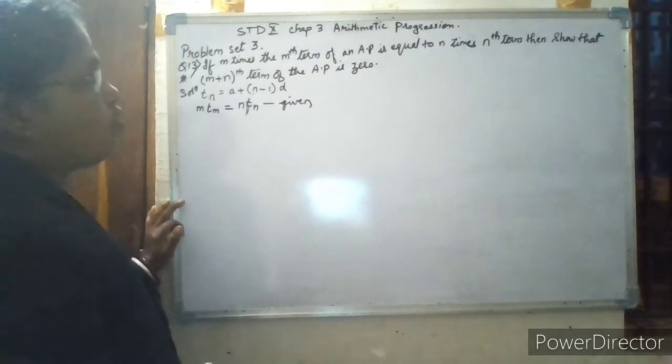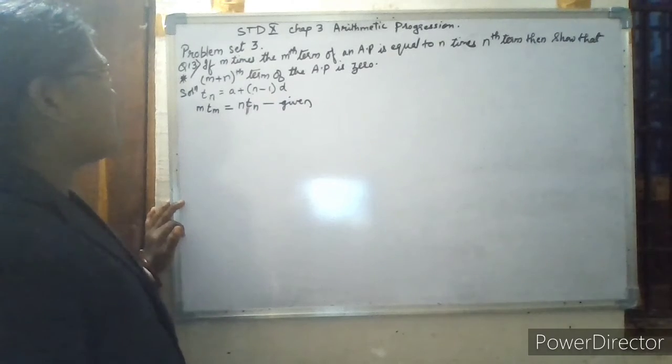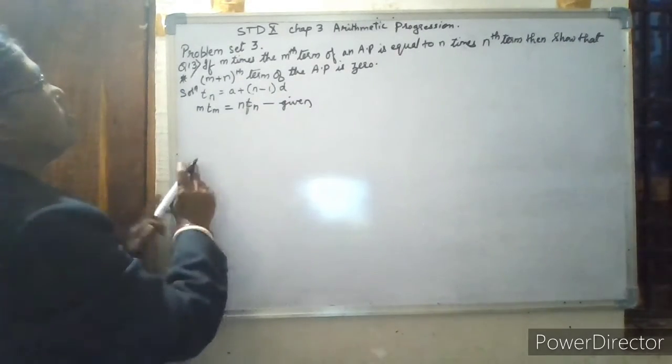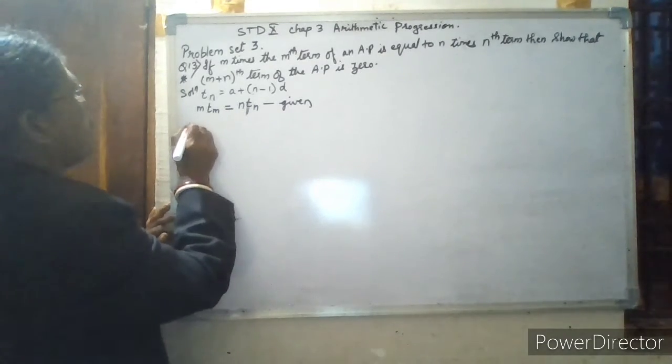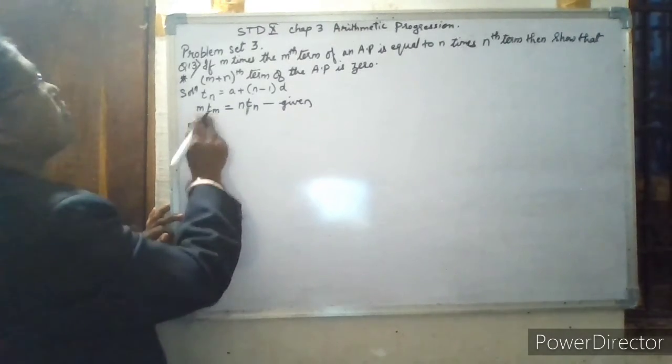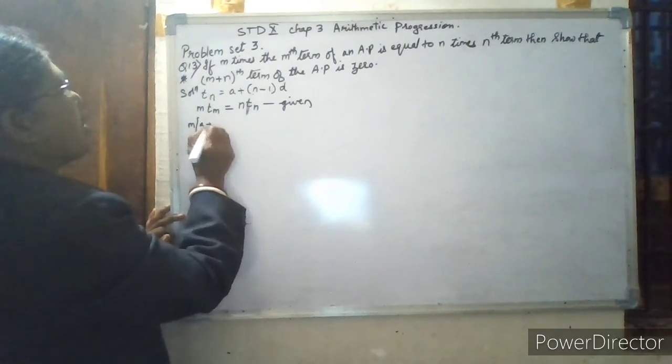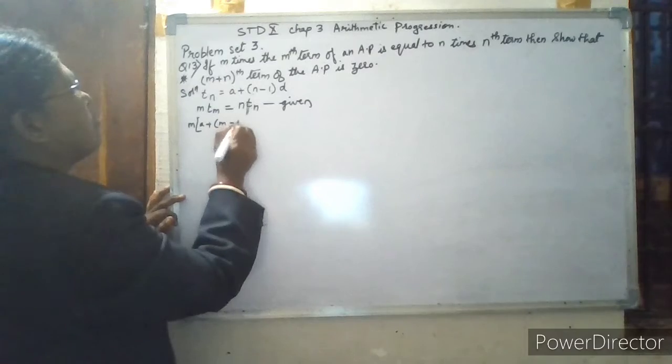Then show that the m plus nth term of the AP is 0. So based on this, m times the mth term will be equal to a plus m minus 1 into d.